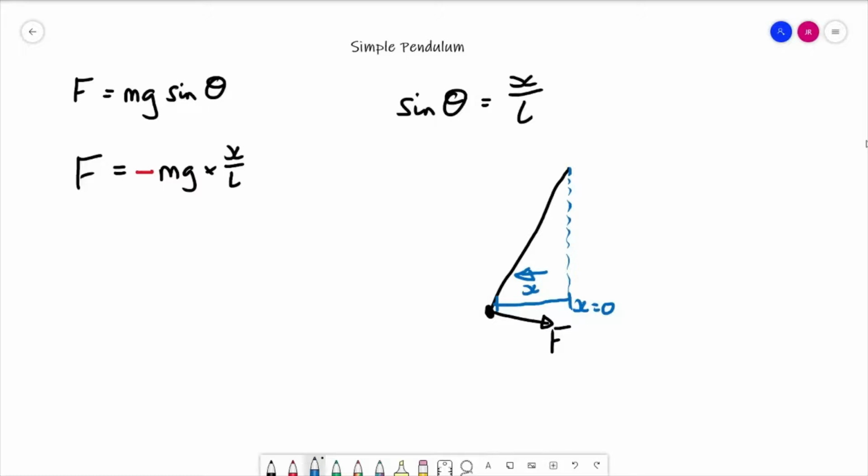So we must at that point introduce the minus sign to make the direction of the two sides of the equation make sense. So to tidy that equation up, we have minus mgx over L.